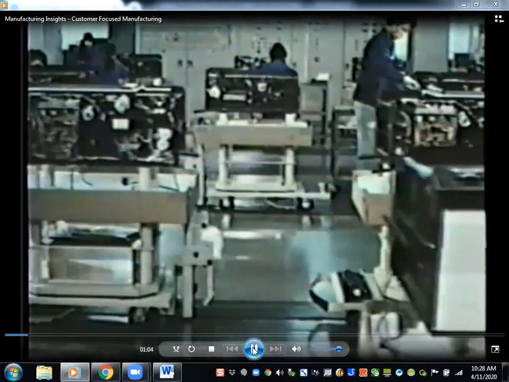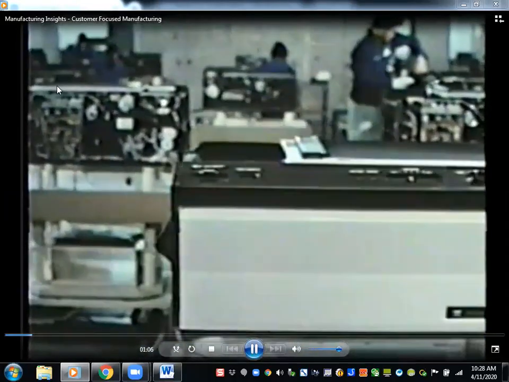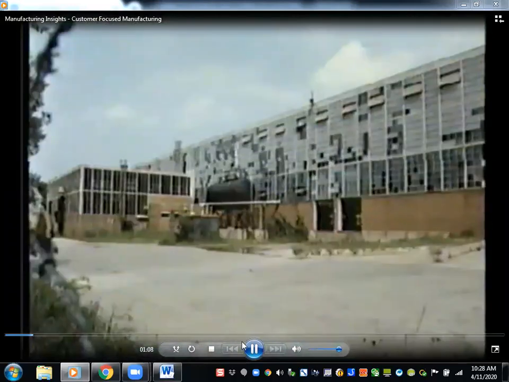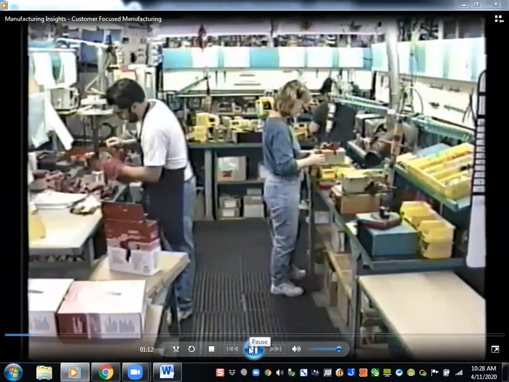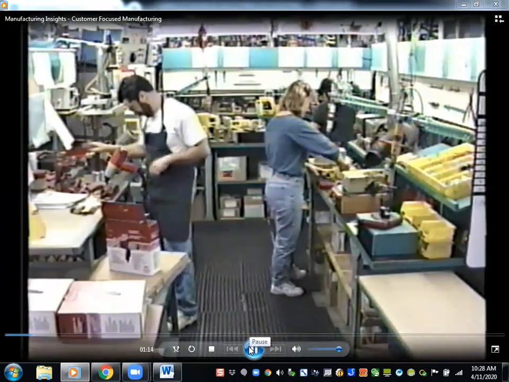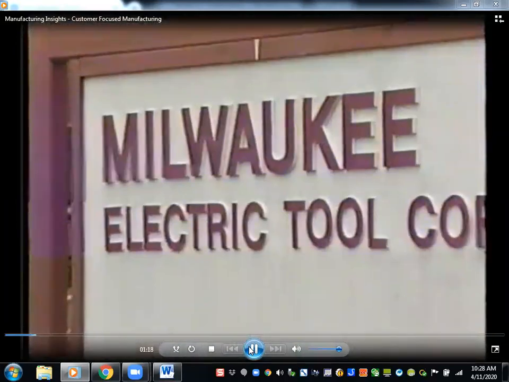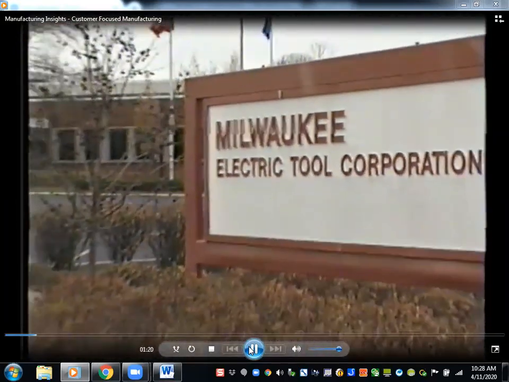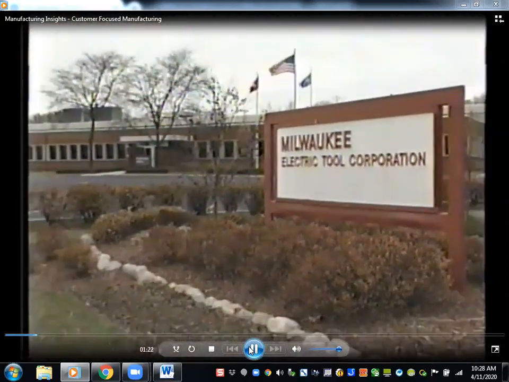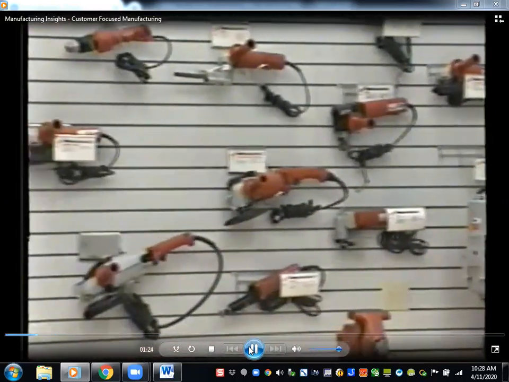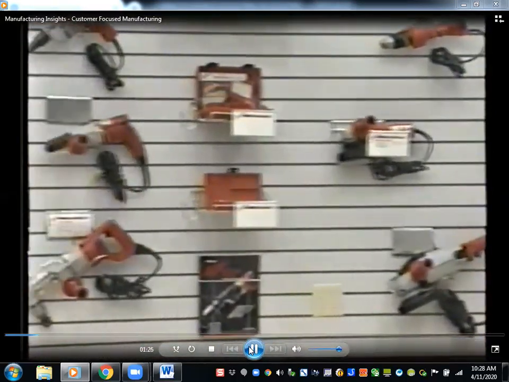In short, to make them competitive. Some succeeded, others did not. This program looks at one company that succeeded through a customer-focused transformation of their manufacturing system. It is the story of Milwaukee Electric Tool Corporation, a manufacturer of portable electric power tools based in Brookfield, Wisconsin.